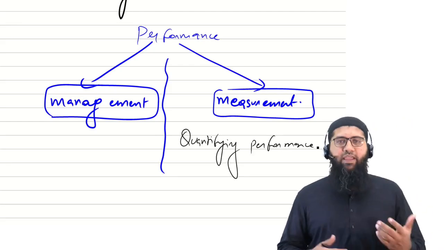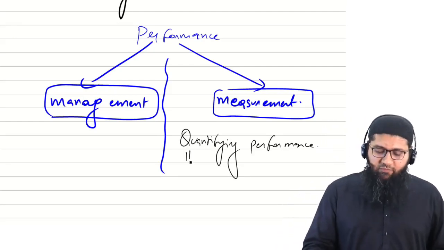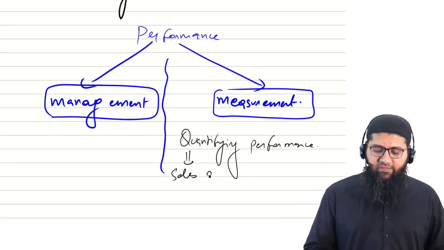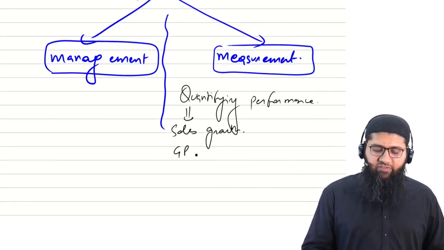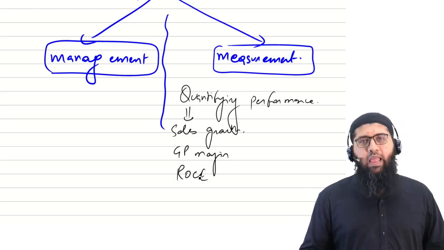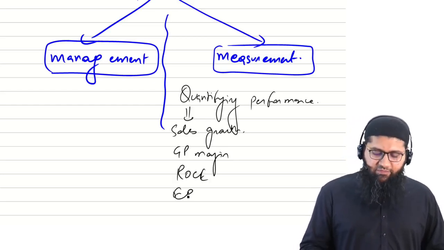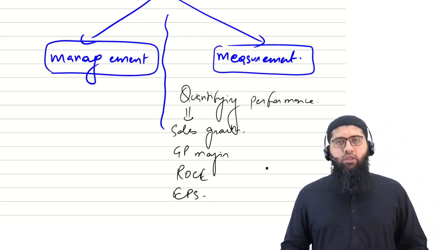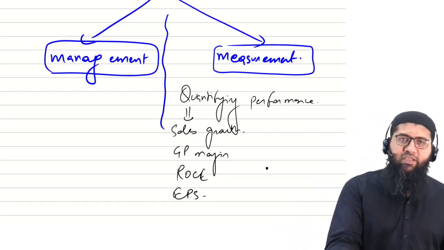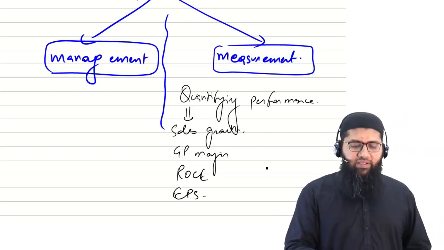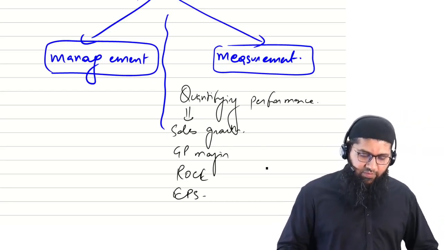For example, when we say that we have calculated the sales growth, or the GP margin, or the return on capital employed, or the earnings per share, all of these things that we do are performance measurement. You are actually measuring the performance. You are quantifying the performance.